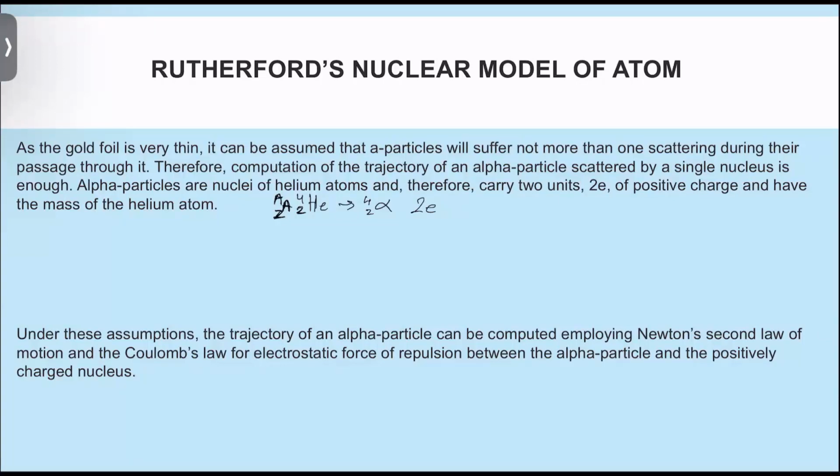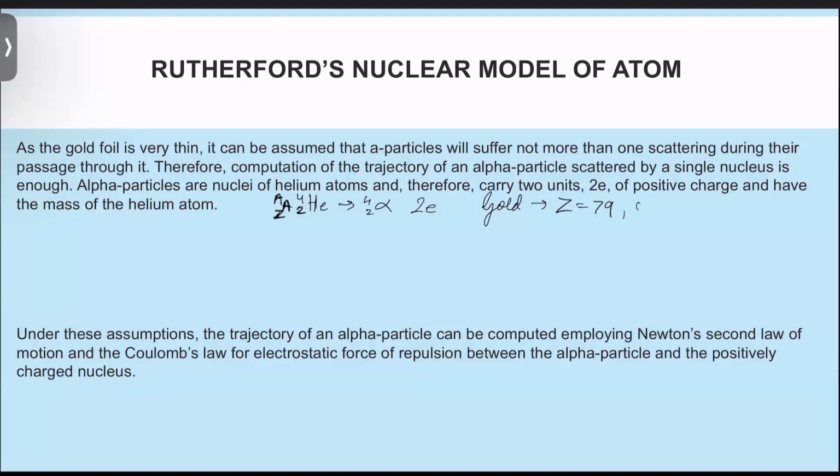Now, when we consider the gold nucleus, for gold, Z is equal to 79, and the charge will be Ze.